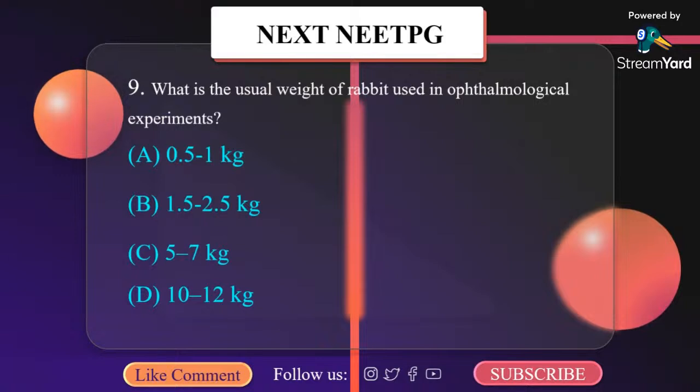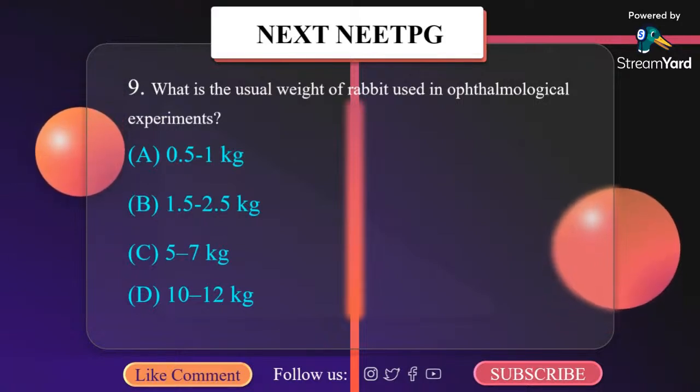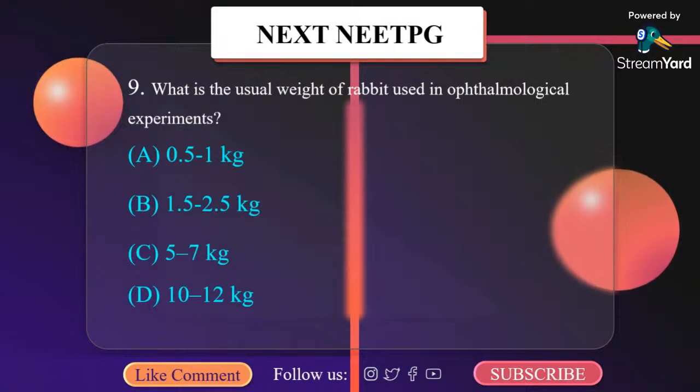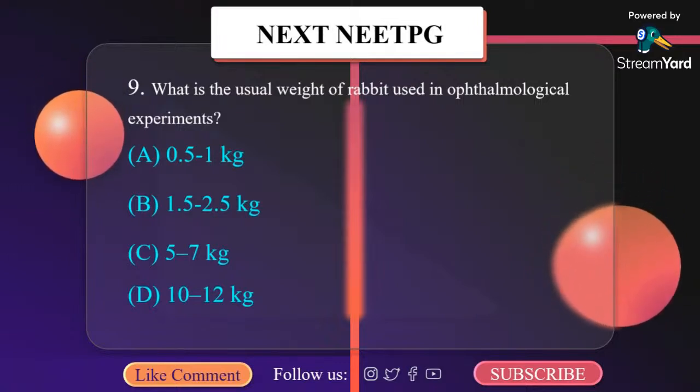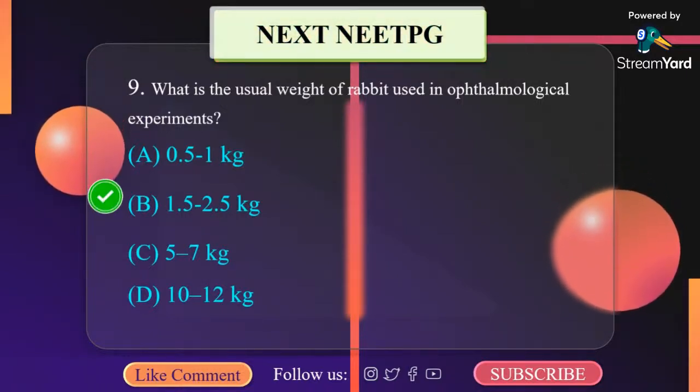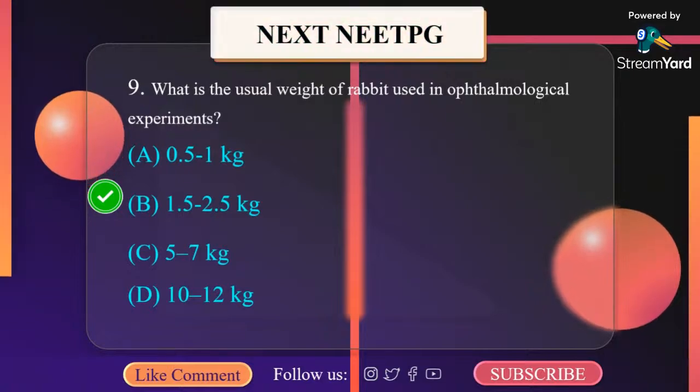Now, laboratory weight of animals: rat 180 to 200 gram, guinea pig 400 to 600 gram, mouse 20 to 25 gram, rabbit 1.5 to 2.5 kg, hamster 80 to 90 gram. Now, coming to the correct answer, B, 1.5 to 2.5 kg.